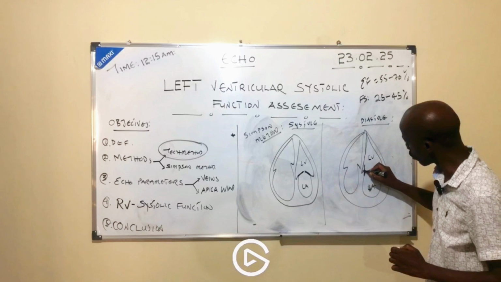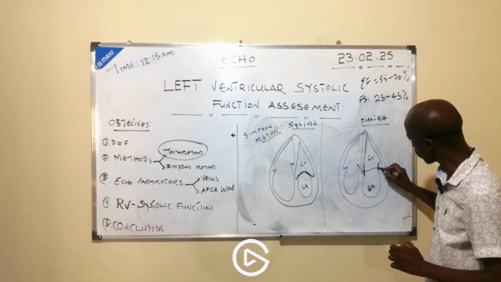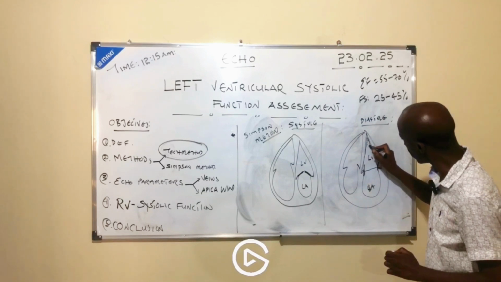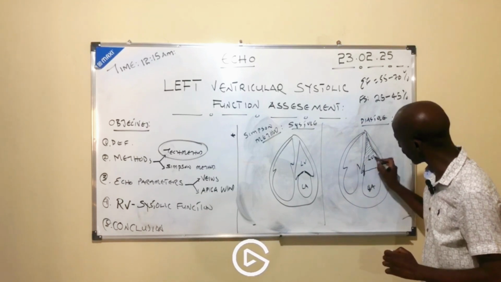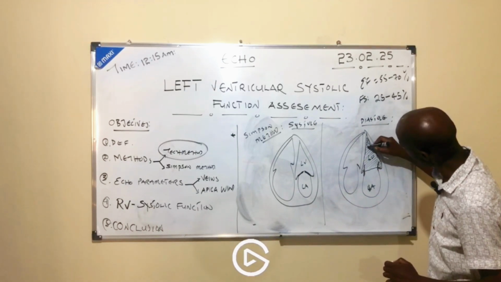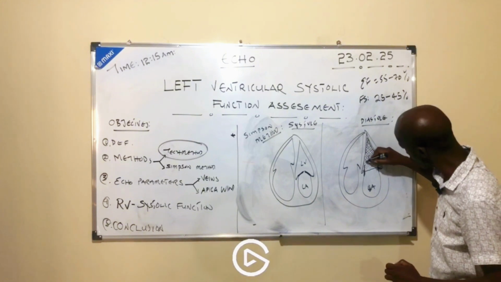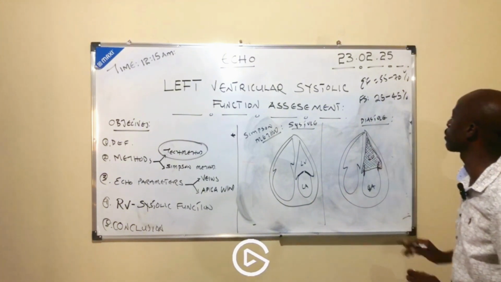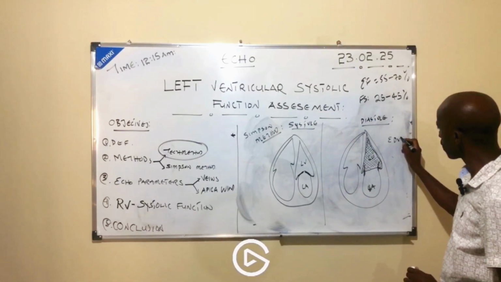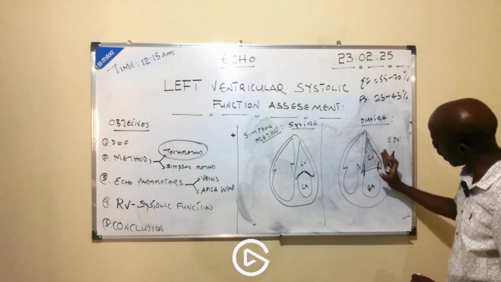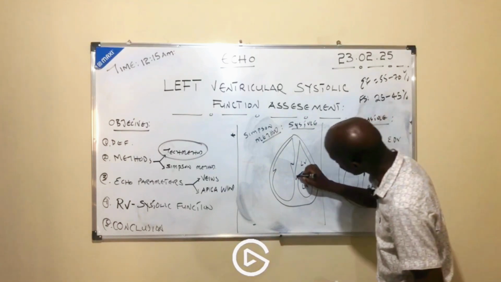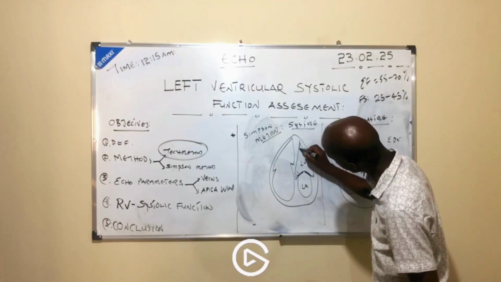So when you are tracing, you trace like this, and it's going to calculate, taking into consideration the area. This is the planimetry method. It's going to calculate for you, and this will be your end diastolic volume. So it will consider the volume of this chamber in diastole. Then you come to your systole. Again, you trace.